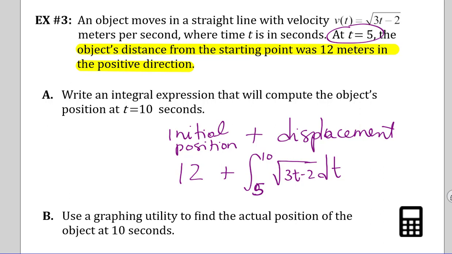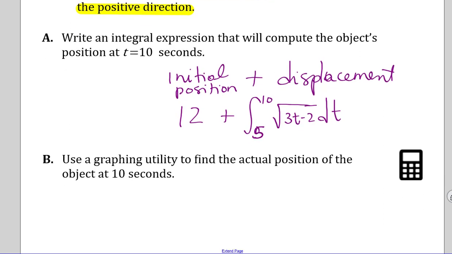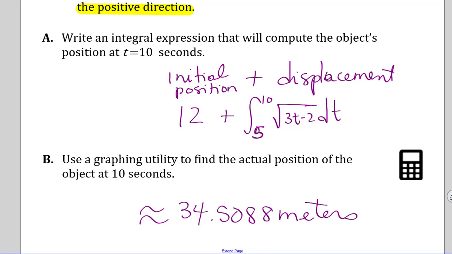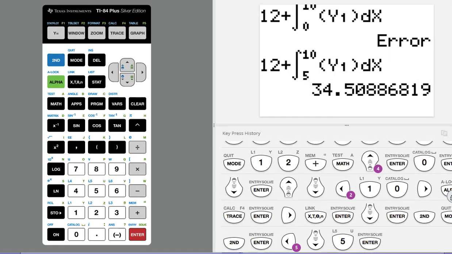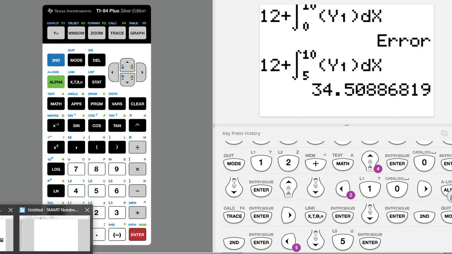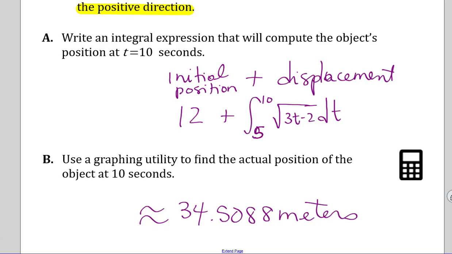And now that we've done this on the calculator, we can say that it is approximately equal to 34.5088 meters. All right, very good.